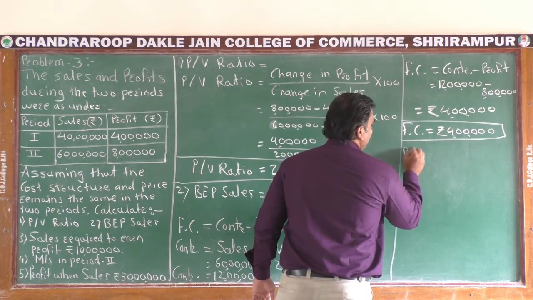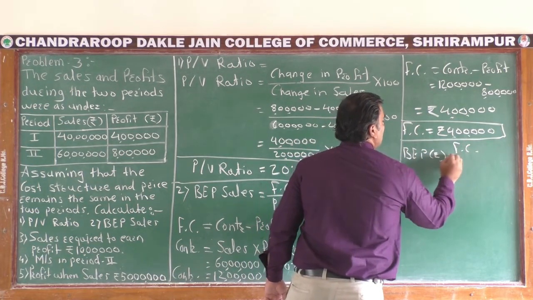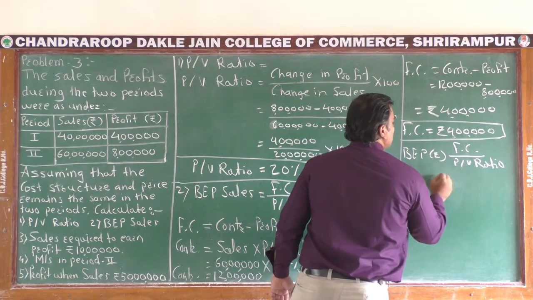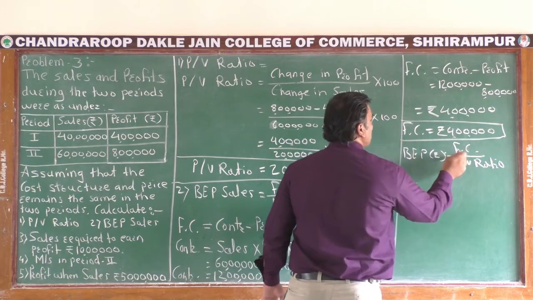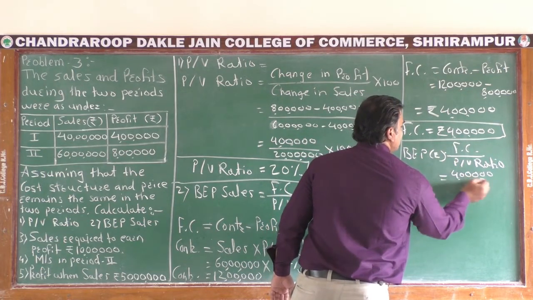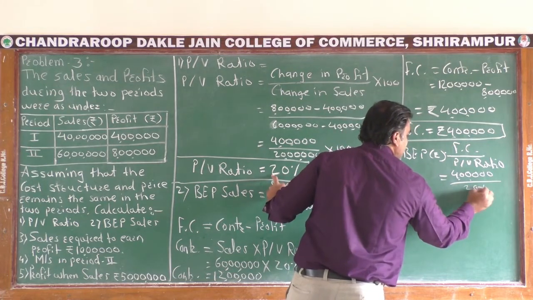Now we can calculate BEP rupees. Fixed cost upon PV ratio. So fixed cost as we have calculated, which is rupees 4 lakh, divided by PV ratio, which is 20%.